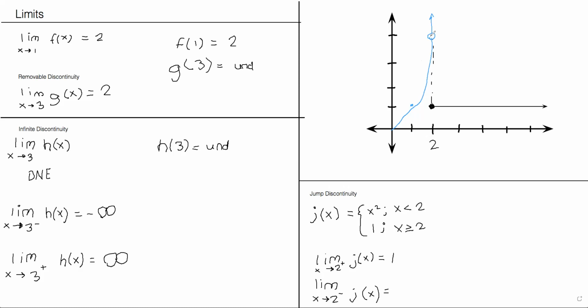It's an open circle. We don't technically have a point right there, but the limit definitely does exist. We can tell that theoretically, if a point did exist, it would be right here at y equals 4. So the limit as x approaches 2 from below of j of x we can see would be 4.